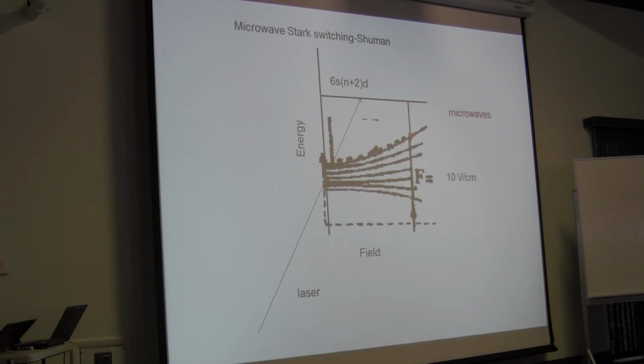I'm not sure. But if you use microwaves, instead of your 10 gigahertz wide laser, you no longer have to start from a Rydberg state, you don't have to have this kilovolt per centimeter field. You can use fields of less than 10 volts per centimeter. With the laser, make this state, drive it to any one of these, and you no longer have this kilovolt field problem to mess around with.